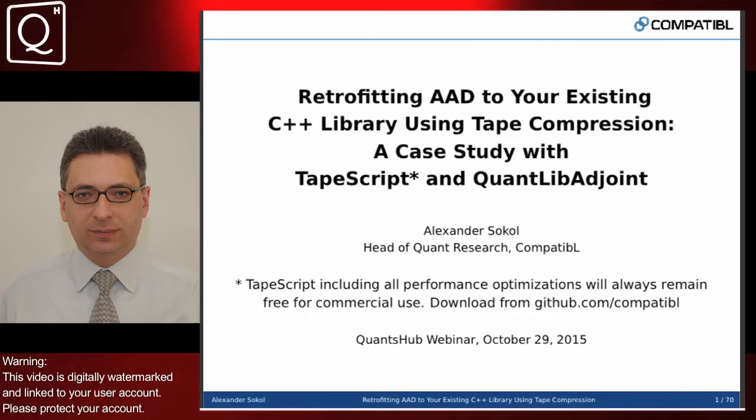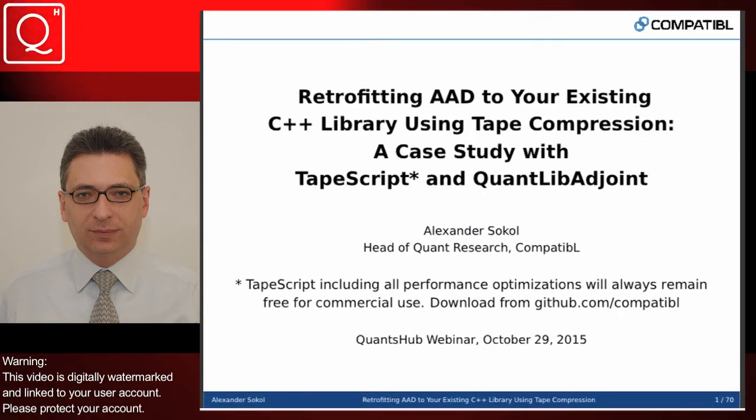So just before I begin, a very brief summary of what I will be presenting. There've been a lot of seminars already on adjoint algorithmic differentiation, which certainly is, at least in my view, one of the most important, if not the most important, innovation in quant finance in recent years.